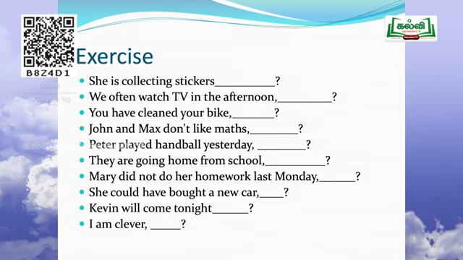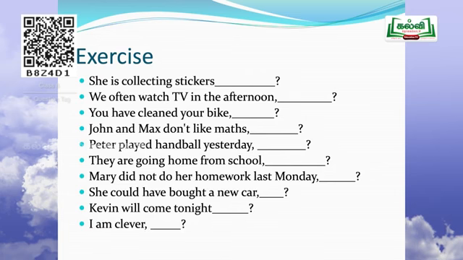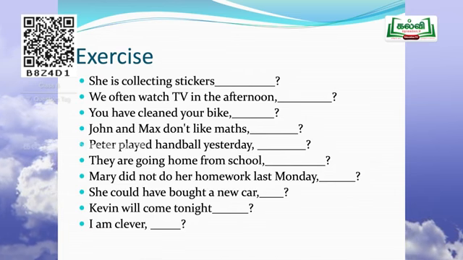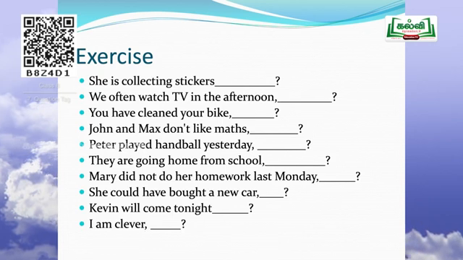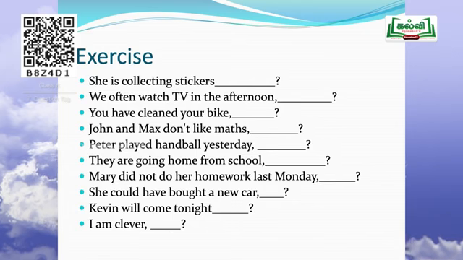Shall we move on to the next question? They are going home from school. What is the tag? Yes, you are right. Aren't they? Mary did not do her homework last Monday. What is the tag? Did she? Yeah, you are right. Because the statement is in negative form, we do not add not to the auxiliary verb.